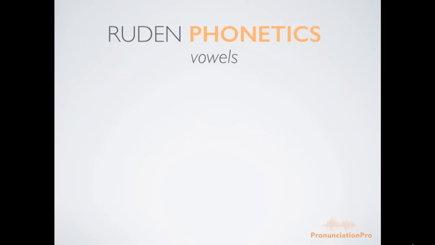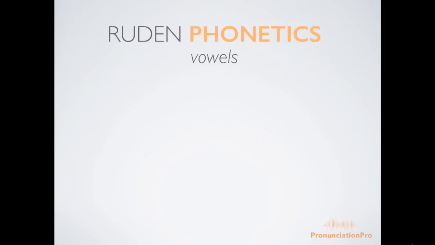Part of the program is helping you understand the difference between those consonant sounds. But I think where you really have to significantly tune your ear is the vowels. So we're going to jump into vowel practice here.